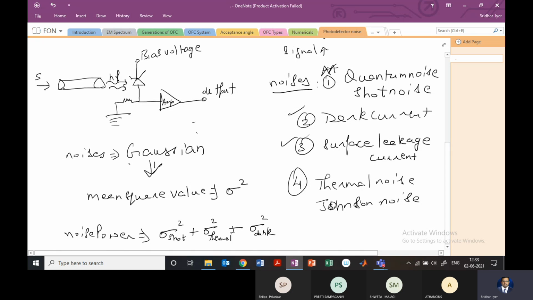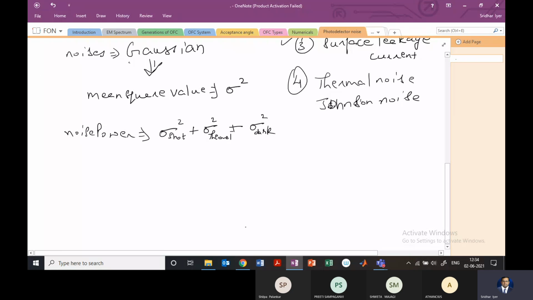So that sigma square denotes the mean square value, and you must know from first year and even school that if you take the square root of that sigma square, you'll end up with the standard deviation, right? So this mean square error is the one that really defines the noise power.